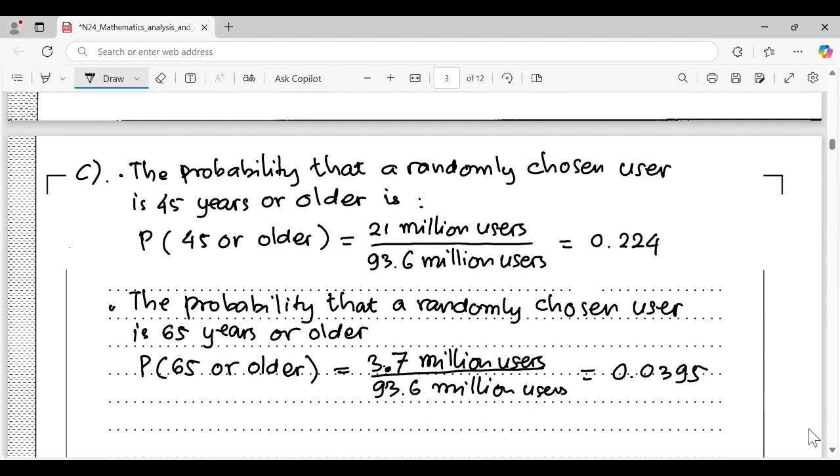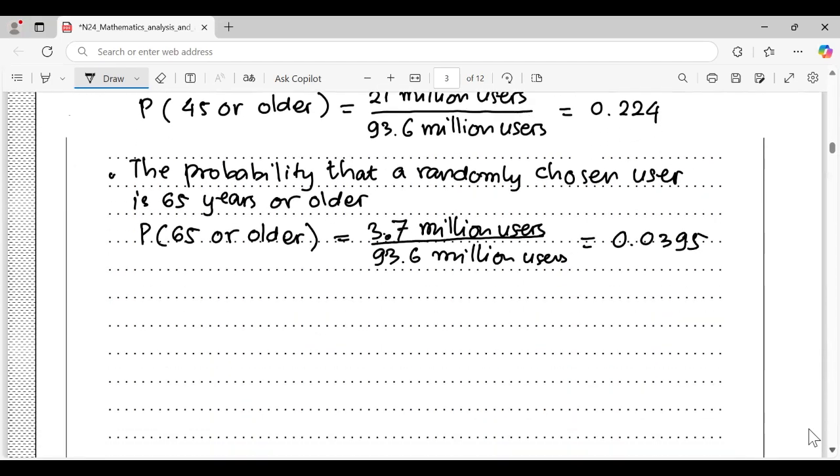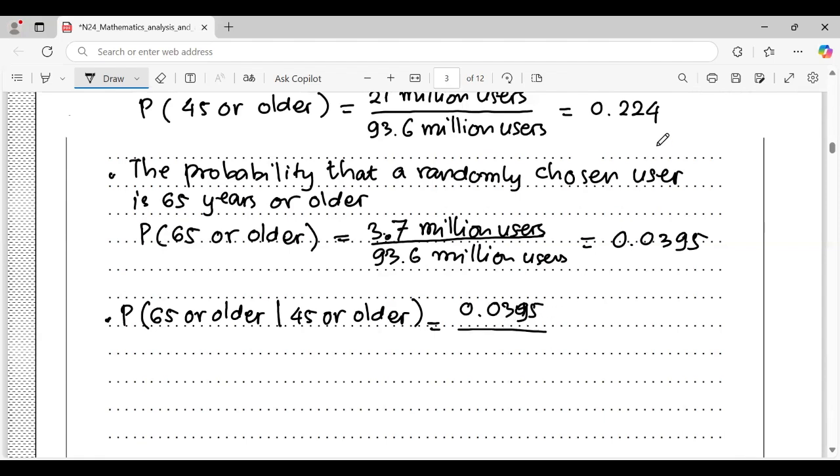To calculate the conditional probability, we are going to use the formula: the conditional probability of 65 years or older given 45 years or older equals 0.0395 over 0.224.